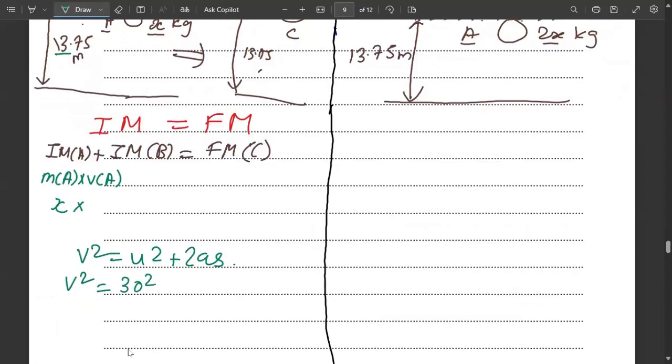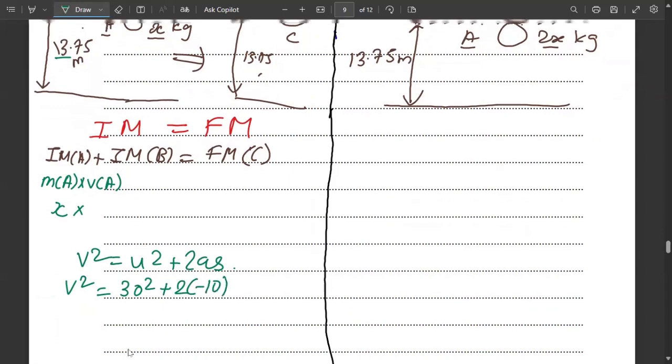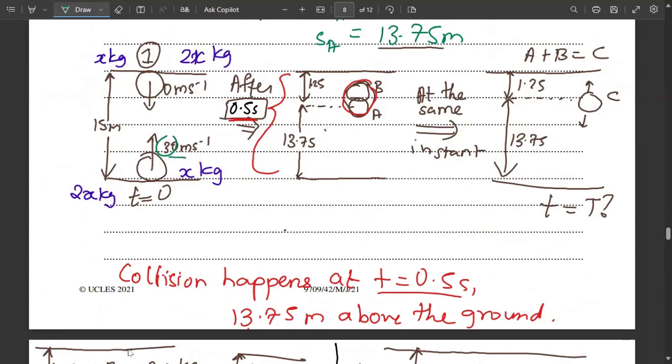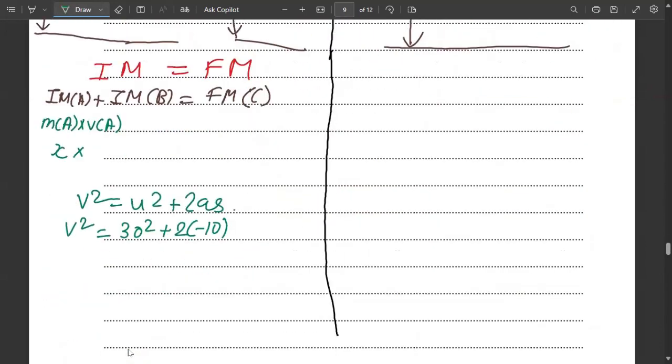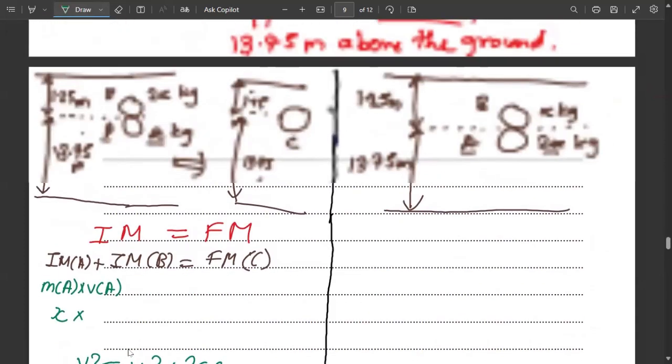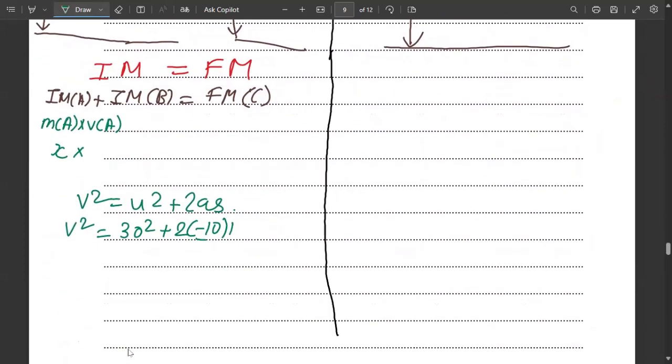So v square equals 30 square plus 2 into minus 10 into 13.75, because acceleration is negative, gravity being minus 10, and upwards is positive. So v is the root of 30 square plus 2 bracket minus 10 into 13.75. Putting this in the calculator, I got 25 meter per second.